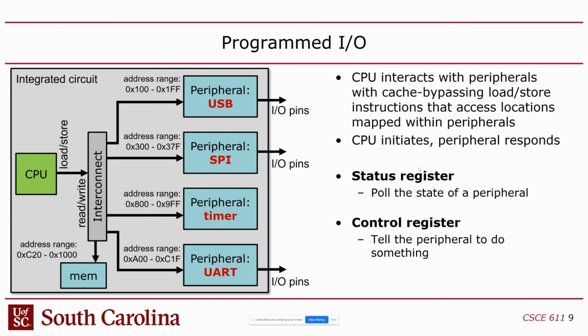So when you load, you convey information to the CPU, and when you store, you receive. From the perspective of a peripheral, when the CPU loads from your address, you're giving information to the CPU, and when it stores to your address, you're receiving information from the CPU. In other words, each peripheral owns a range of addresses.